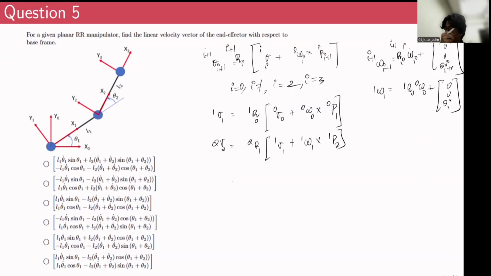Similarly all the way up, and once you obtain this 1 omega 1, you can substitute that into here.